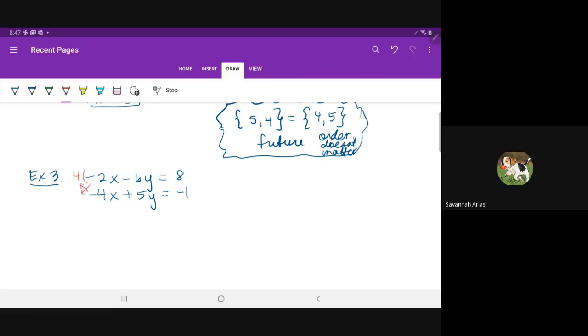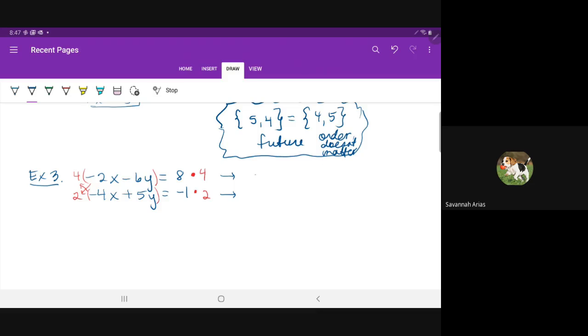So you're going to multiply this row by 4. And what are you going to multiply my bottom row by? Exactly. Okay, I'm going to go to the side.